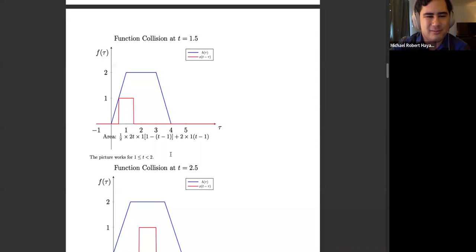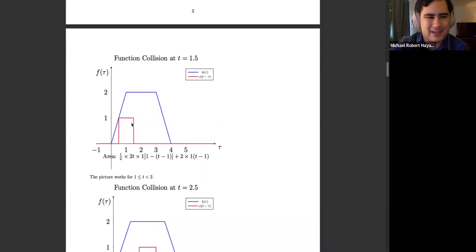Next picture. So between 1 and 2 in t, we get something that looks like this, where we have an overlap with the flat part of the trapezoidal function, and with the input part. So the input part, we get an overlap that's a triangle, because we have this triangular region, times the height here.